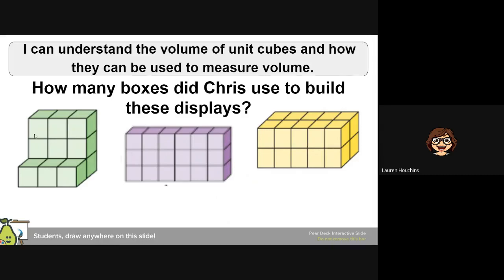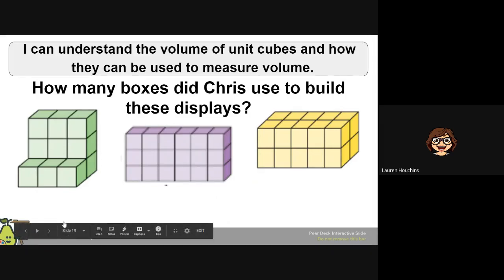All right, for the green, I can see 1, 2, 3, 4, 5, 6, 7, 8, 9, but I know there are 3 more blocks or boxes holding up my columns. So 9 plus 3 is 12. So green has 12 boxes.